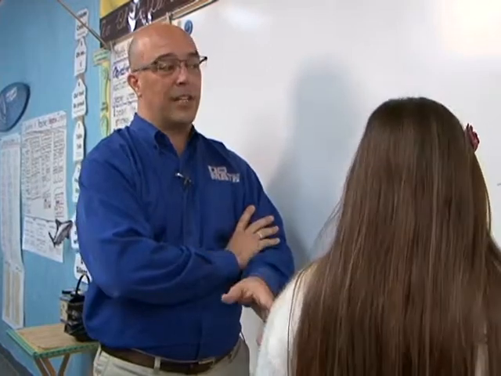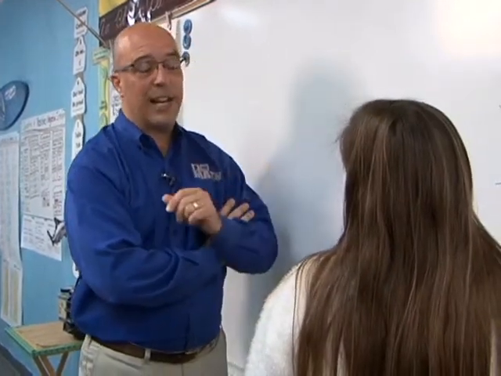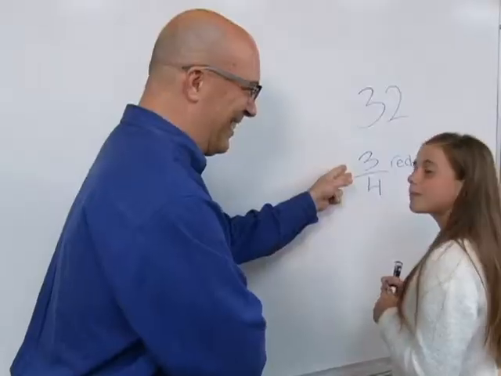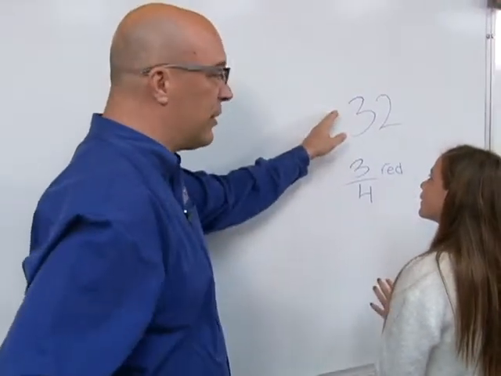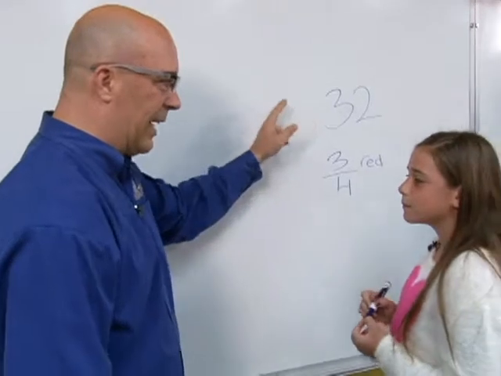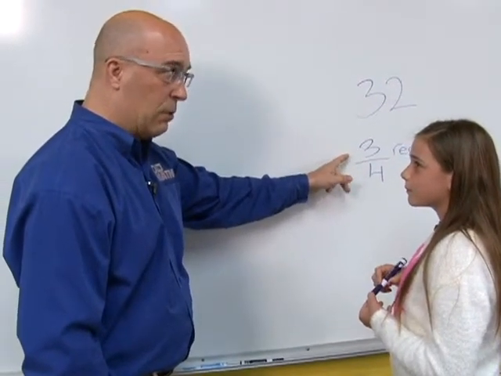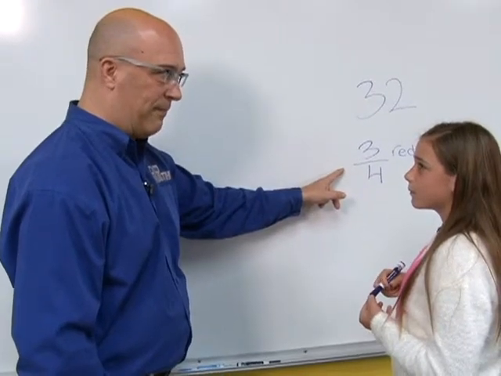What I'd like you to tell me is how many of the 32 tiles are red. So you know that you have 32 altogether, and we know 3/4 of them are red.